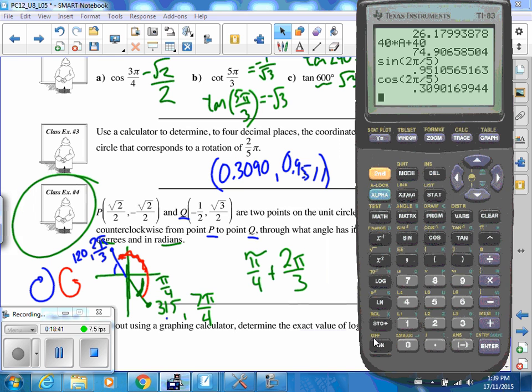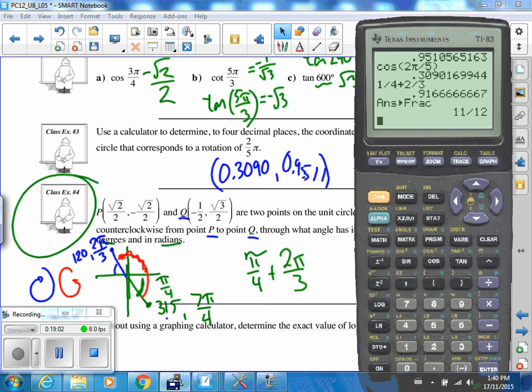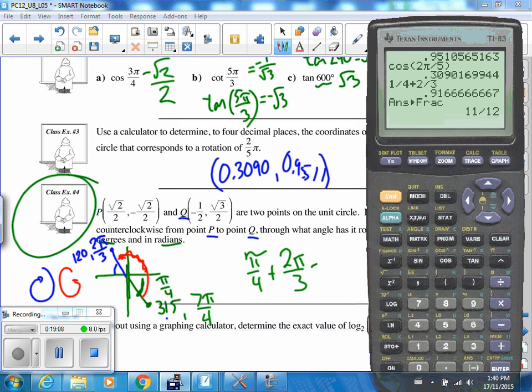Why? Because I don't want to do it. 1/4 plus 2/3 should be 3/12, 4/12, 7/12, I think. Let's check. Math frac. 11/12. I was only off by like 4/12. Oh, that's because I did pi thirds, not 2 pi thirds. Anyway, so 11 pi twelfths is my answer in radians.